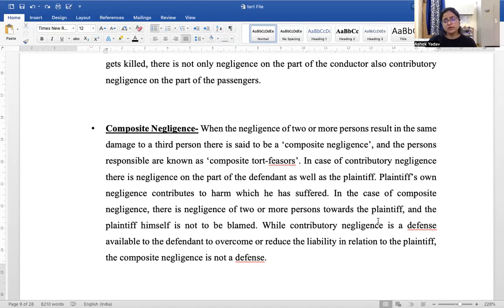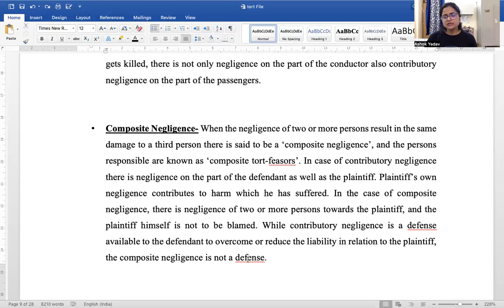While contributory negligence is a defense available to the defendant to overcome or reduce the liability in relation to the plaintiff, composite negligence is not a defense. So basically, contributory negligence can be used as a defense by the defendant when being asked to pay compensation to the plaintiff.